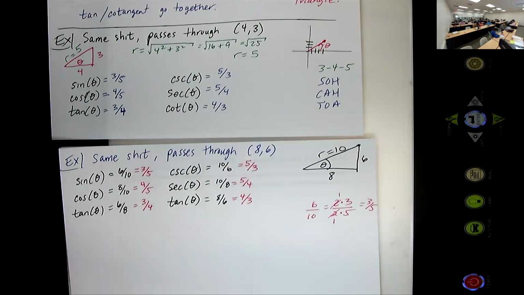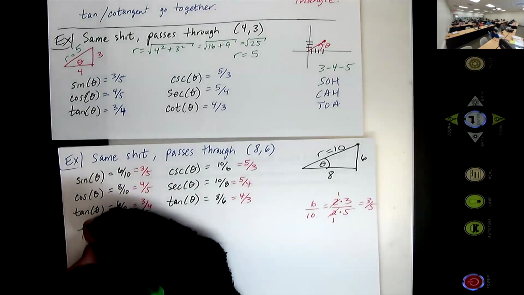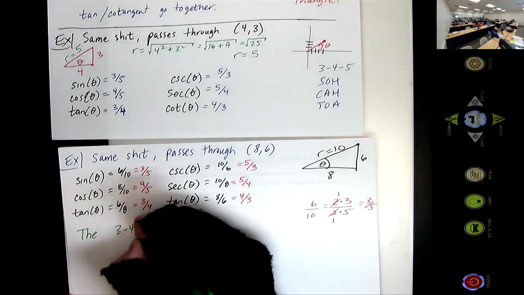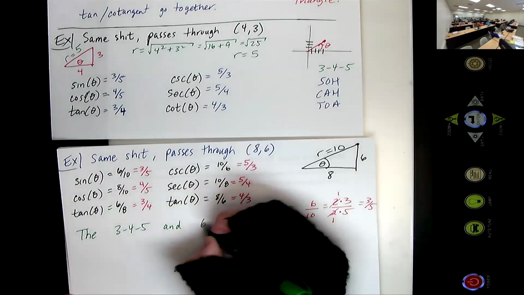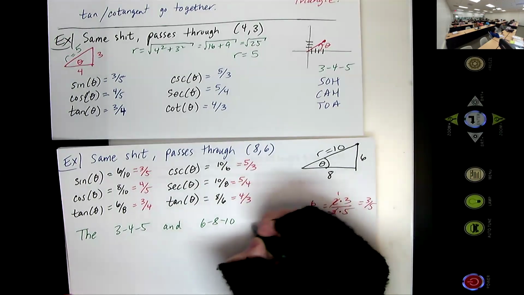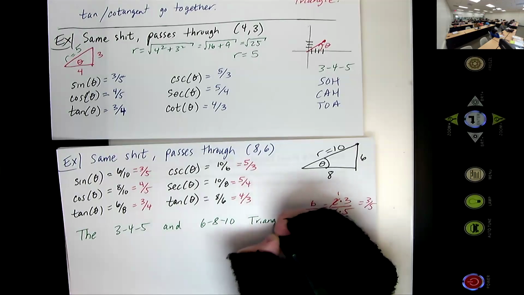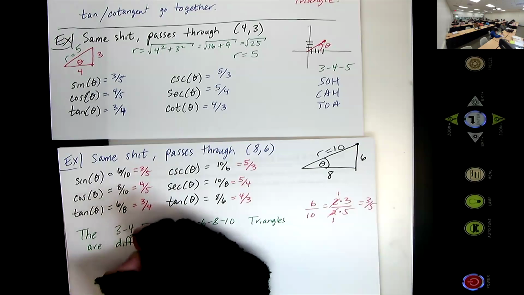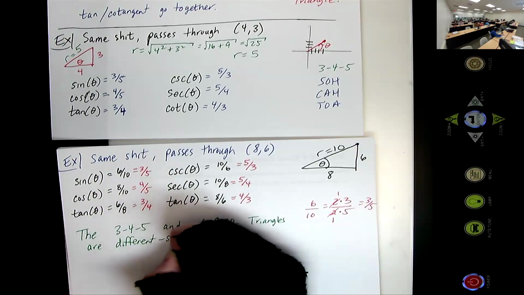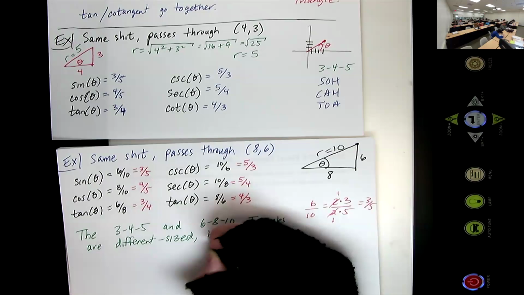Notice anything about this problem and the previous problem? They're the same. The triangles are different. The 3, 4, 5 triangle and the 6, 8, 10 triangle are different sized, but the 6 trig functions are the same.